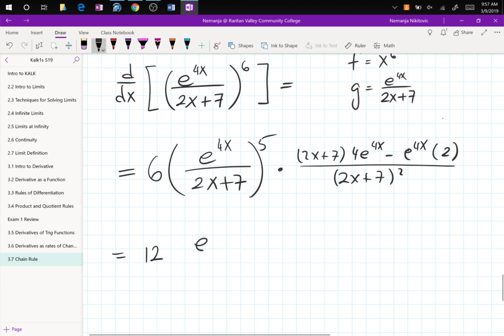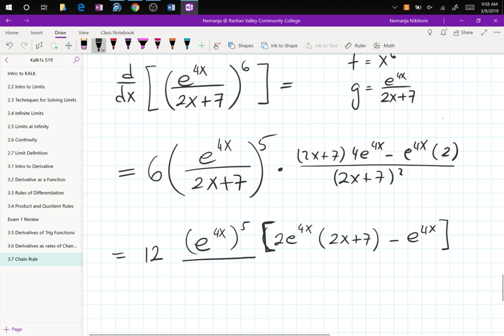Then I have my e to the 4x to the 5th power times, in parentheses over here, 2e to the 4x times 2x plus 7, minus e to the 4x, only because the 2 is already out. On the bottom over here, I have 2x plus 7 to the 5th power, and on the bottom over here I have 2x plus 7 to the 2nd power.